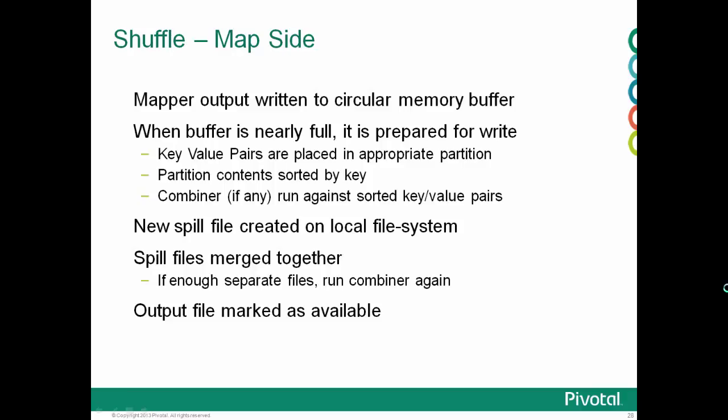The partition contents themselves get sorted by key, and then a new spill file is generated on the local file system. The spill files will get merged together if there is more than one of them. And the resulting output file, or files if there are more than one, are marked as available.